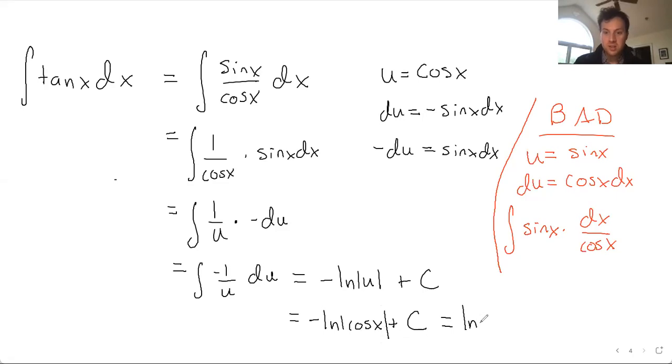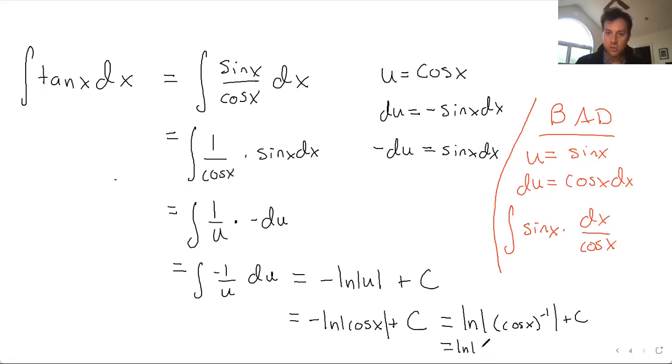So in this case, if we reverse that, instead of this negative in front, we move it up as an exponent: cosine to the -1, not an inverse, but a reciprocal.